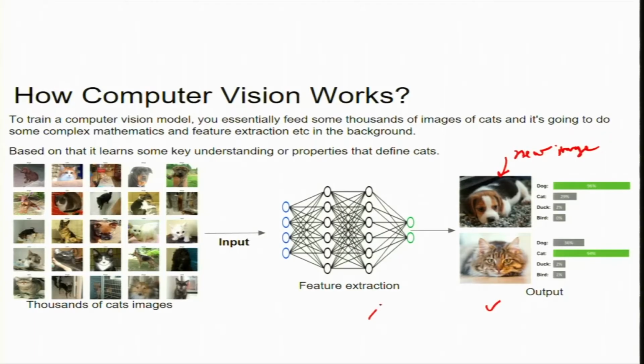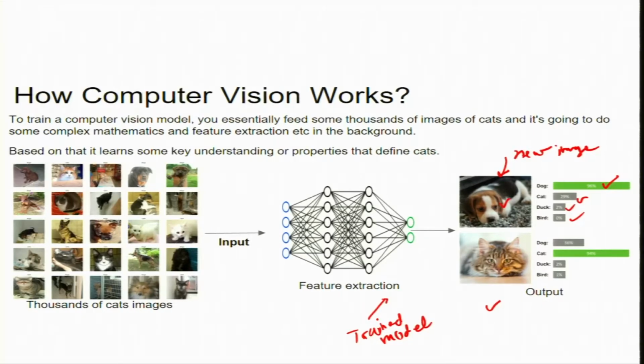When a new image is given to the trained model, it will be able to detect with some percentage what is in that image, whether it is a dog, a cat, a duck or a bird. These are different classes.